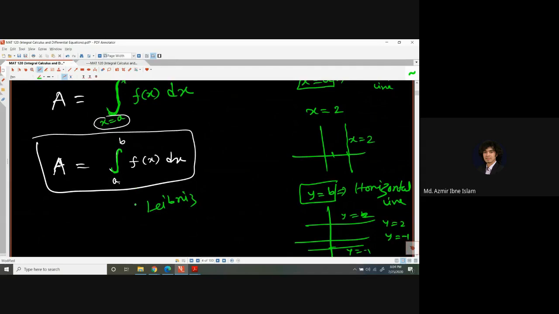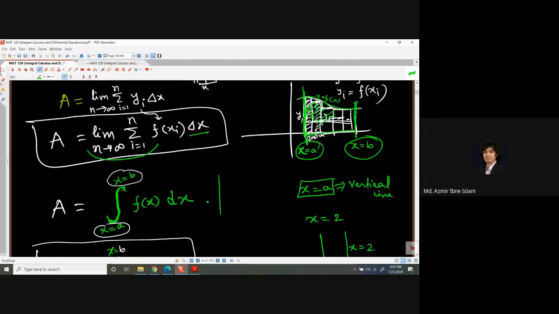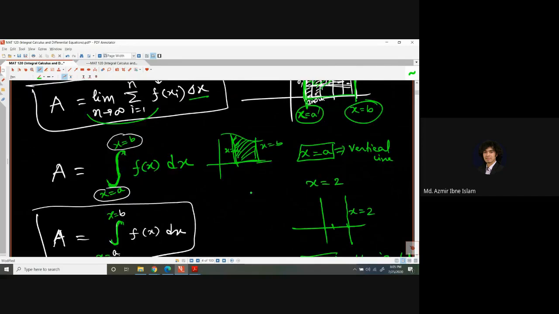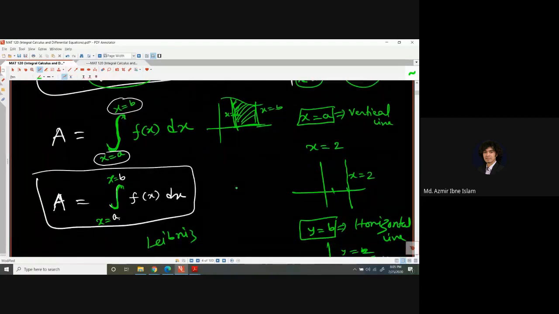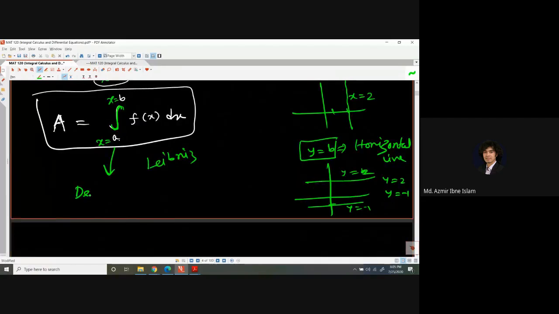You can see that this integral sign is telling us where we have to start and where we have to stop. x equal to a is the starting part and x equal to b is the ending part, and we are finding the area under this curve from x equal to a to x equal to b above the x-axis. Since we are finding the area over a defined interval or region, it is known as the definite integral.